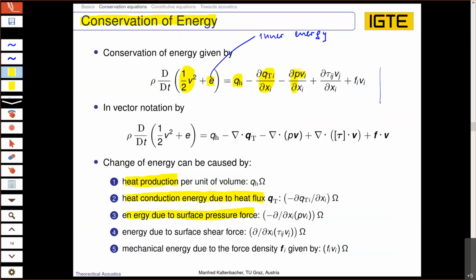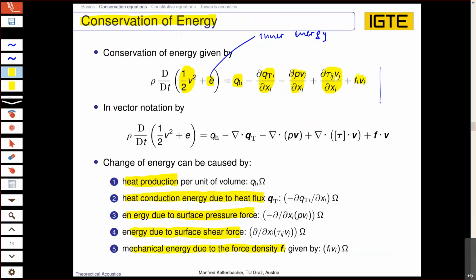So this is this term here. Then the surface shear forces, which we describe here by the viscous tensor and the velocity. Yeah, and then clearly we can have, for example, any mechanical energy by a force density and the dot product with the flow velocity.